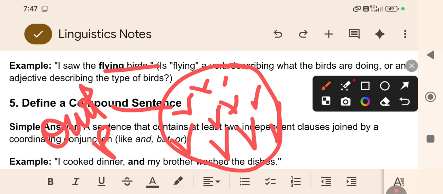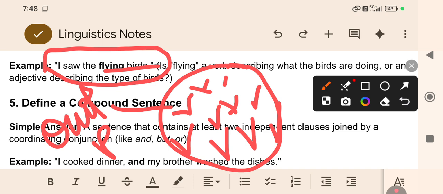So there are two ways to interpret this. This sentence talks about two. I saw the flying birds means birds that are flying right now. So here we are talking about the verb, or the action of birds, they are flying. That is, I saw the flying birds means birds are flying in the sky. Another is, I saw the birds who can fly, right?